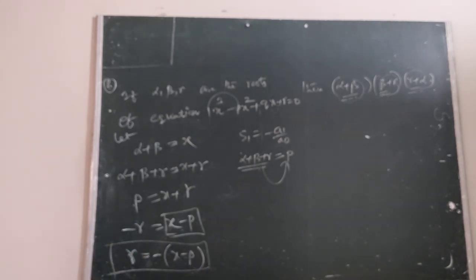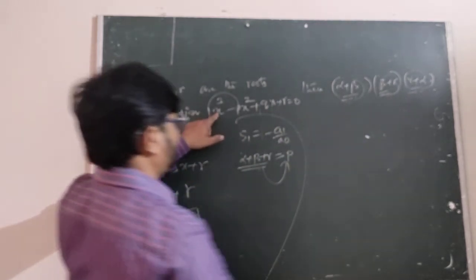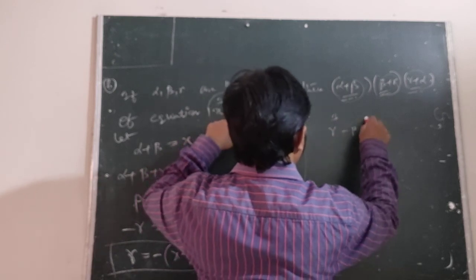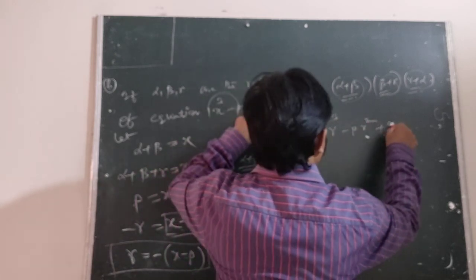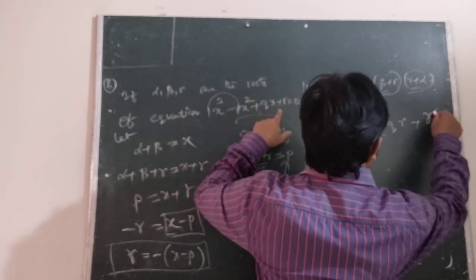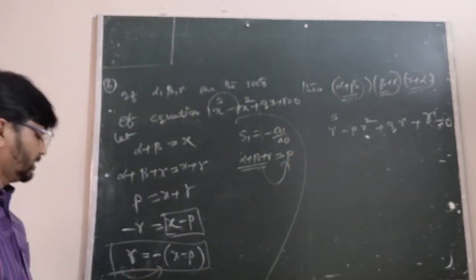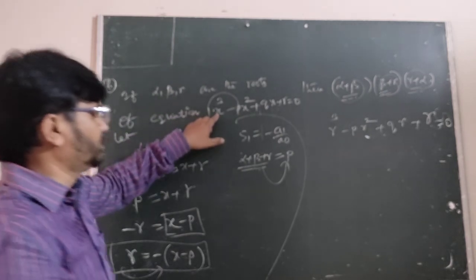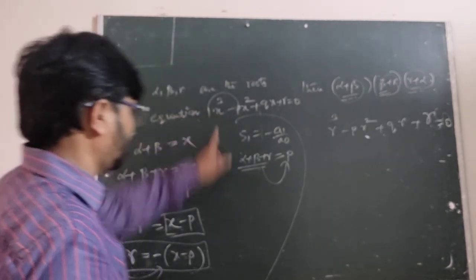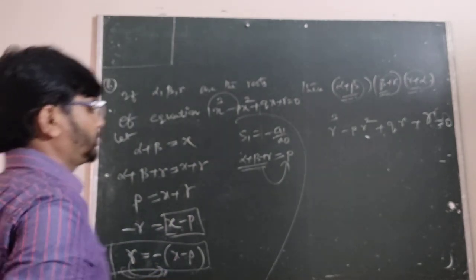Now gamma is one of the roots, so we substitute it in gamma cube minus p gamma square plus q gamma plus r equal to 0. Put gamma equal to minus of x minus p.